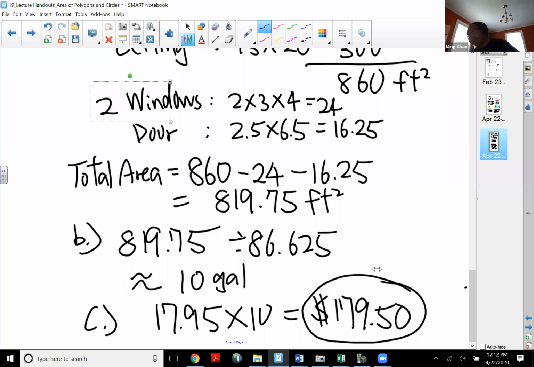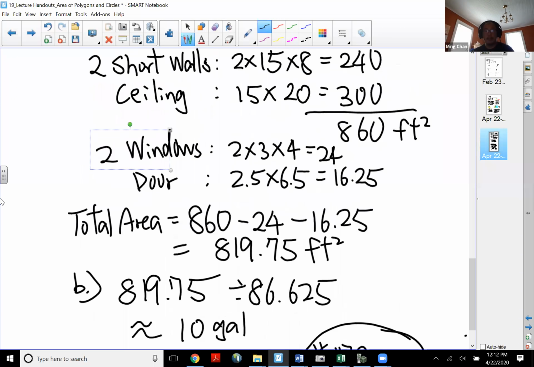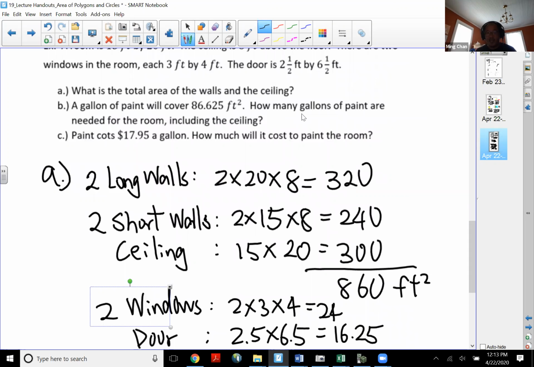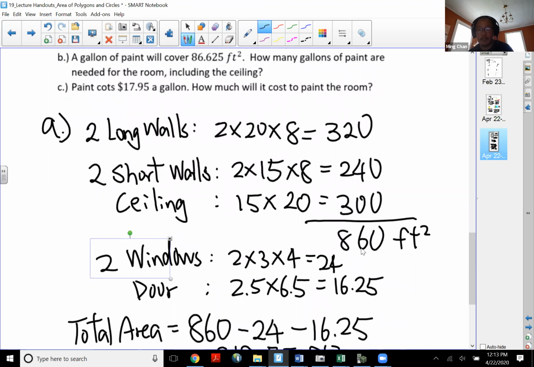This same question on the homework will probably just be one step, which is the last one. Here in lecture I break it down for you, but on the test I'm just going to ask you how much it will cost. The only place you round is the gallons, assuming we cannot buy part of a gallon, and then see how much it's going to cost.